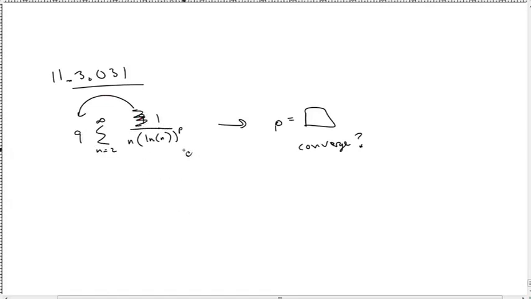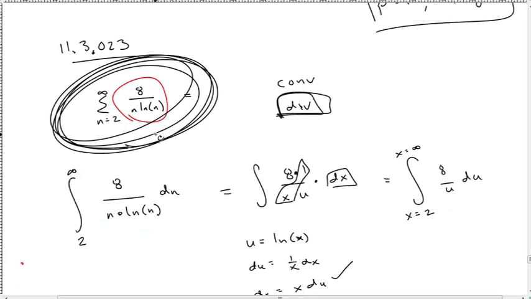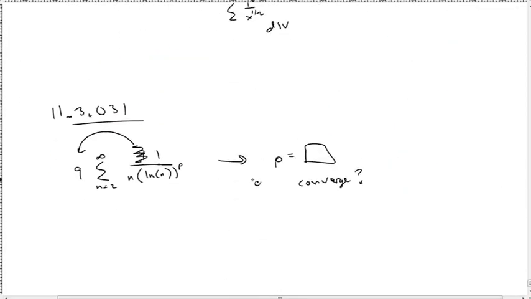Okay, so that's easy. But notice that there's a p power here now. And what did I have on my last problem? What's the p power? Can you guess? It's a 1. So I have 1 diverges. Did you see that? 1 diverges. So for sure, right now, p equals 1 is going to diverge.